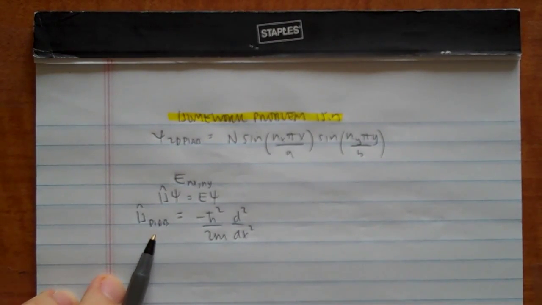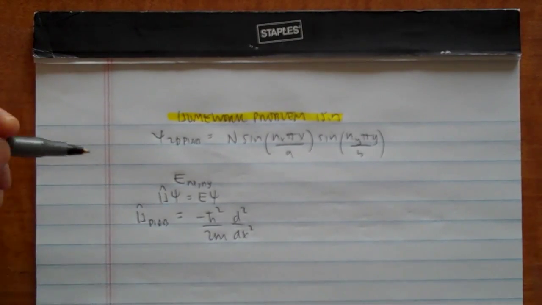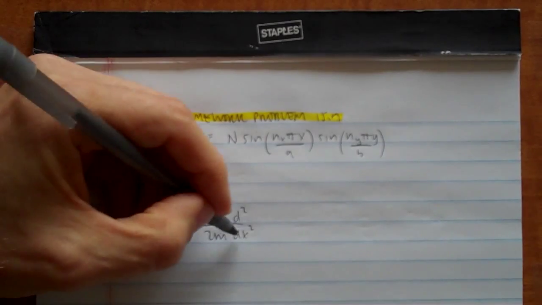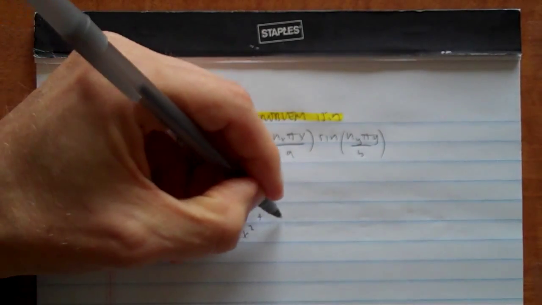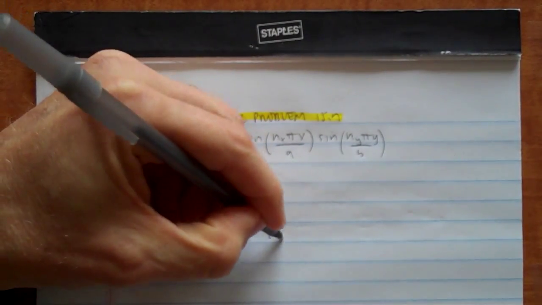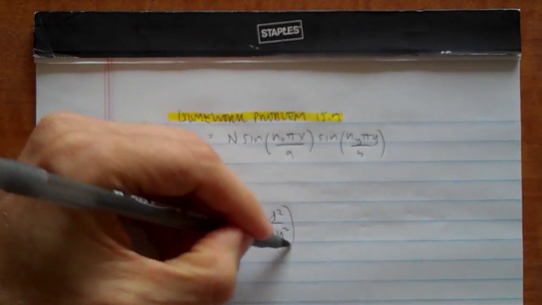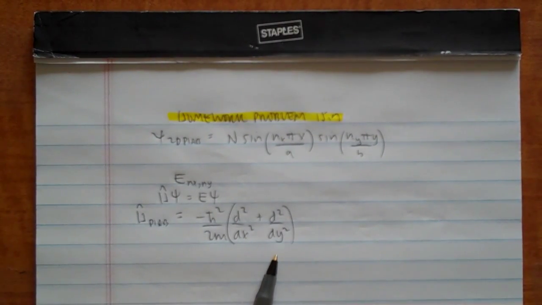And if it's a particle in a box, then we're assuming that the potential outside the box is infinity, the potential inside the box is 0, so we don't have a potential term here. Now, if it's two-dimensional, then we're going to have a second term, right? You're going to have the energy for the first and the second, and then we factor that out, and we get it like that.